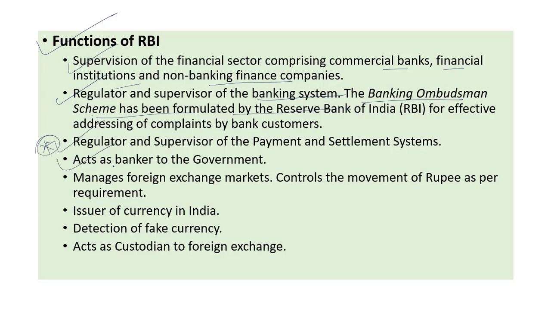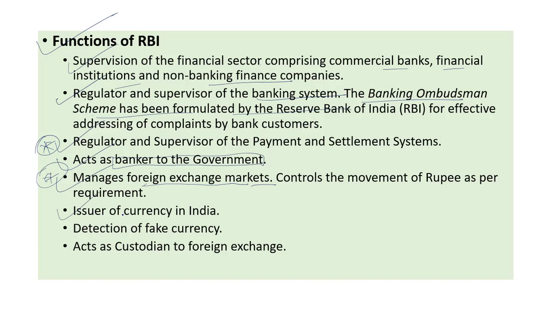Okay, it acts as a banker to the government. RBI acts as a banker to the Government of India. It manages foreign exchange markets also. Okay, so it tries to arrest the fall or rise of the rupee according to the requirement of our country's financial market. So it sees that the rupee, the currency of India, is in a certain range which is favorable to the market.